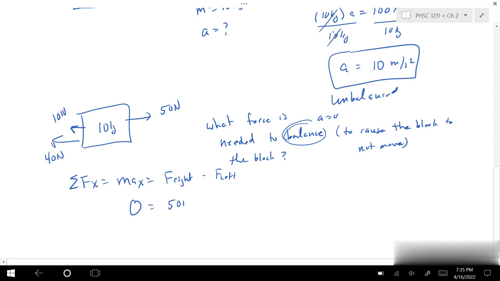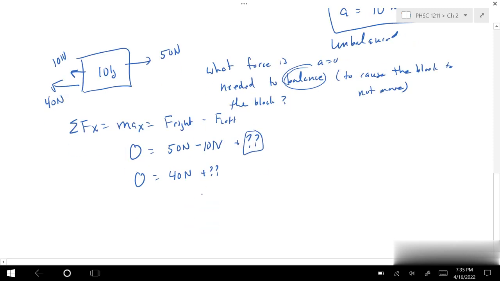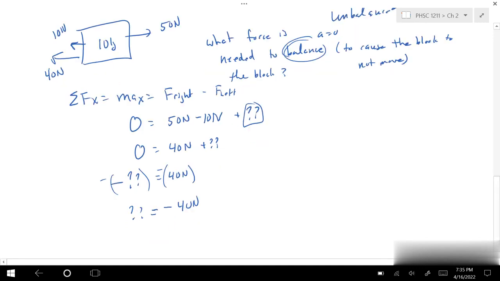So 0 is equal to forces to the right, which is 50 newtons, minus we had 10 newtons here, plus something. Okay, we don't know what that something is. So 0 is equal to 40 newtons plus the something. So I have to take the something to the other side and it becomes a negative something equals 40 newtons. Multiply everything by a negative. So the something is a negative 40 newtons. And that negative means it's on the left, or it's going toward the left.